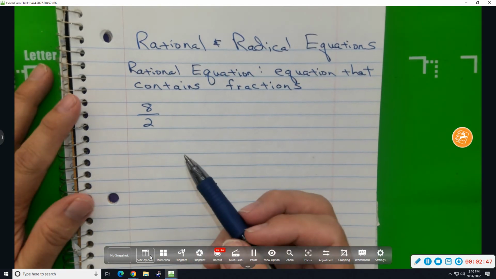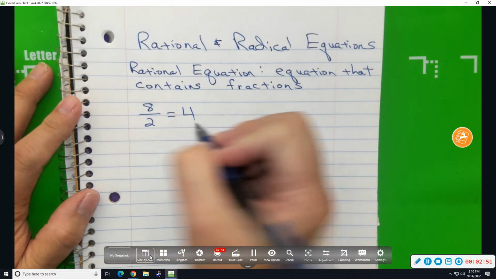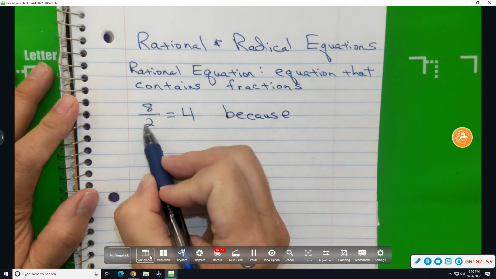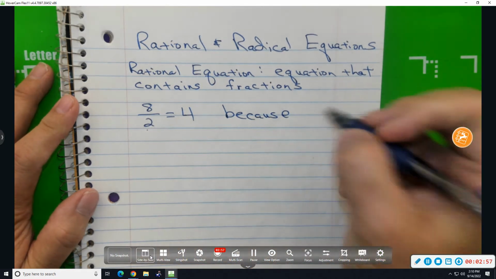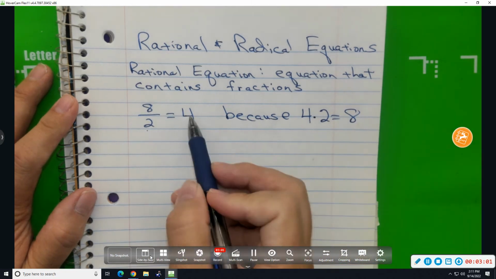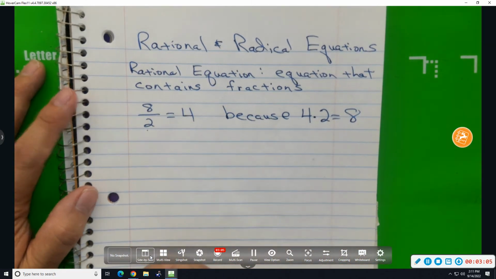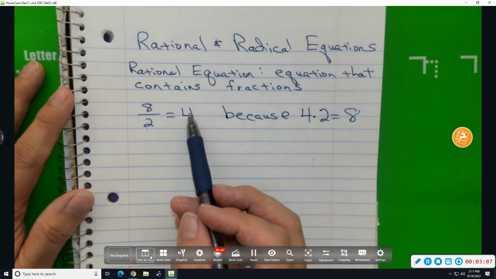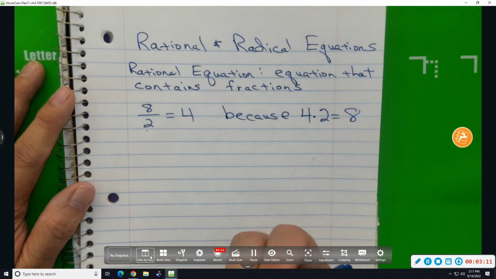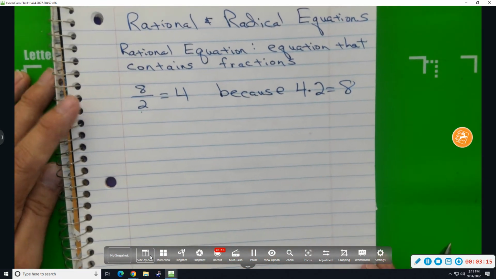And once you got to division, they said 8 divided by 2 is equal to 4 because 4 times 2 is equal to 8. That's the definition of division. The quotient times the divisor gives you the dividend. Or in other words, the quotient times the denominator gives you the numerator. And that's just the standard definition of division.